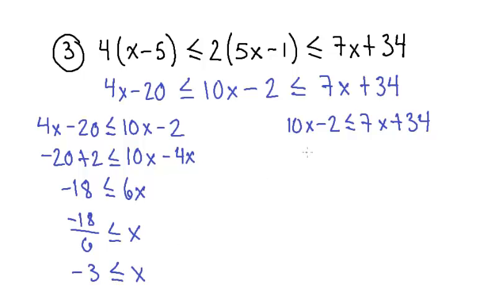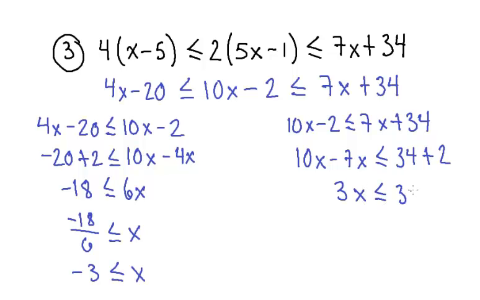Now on the other inequality, we move things also. This will give us 3x less than or equal to 36. We pass the 3 to divide. And 36 divided by 3 will give us as an answer 12.